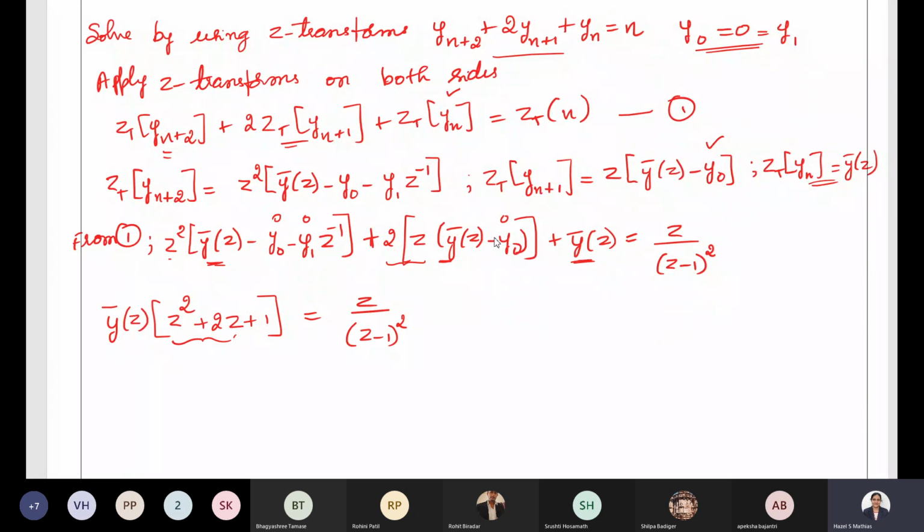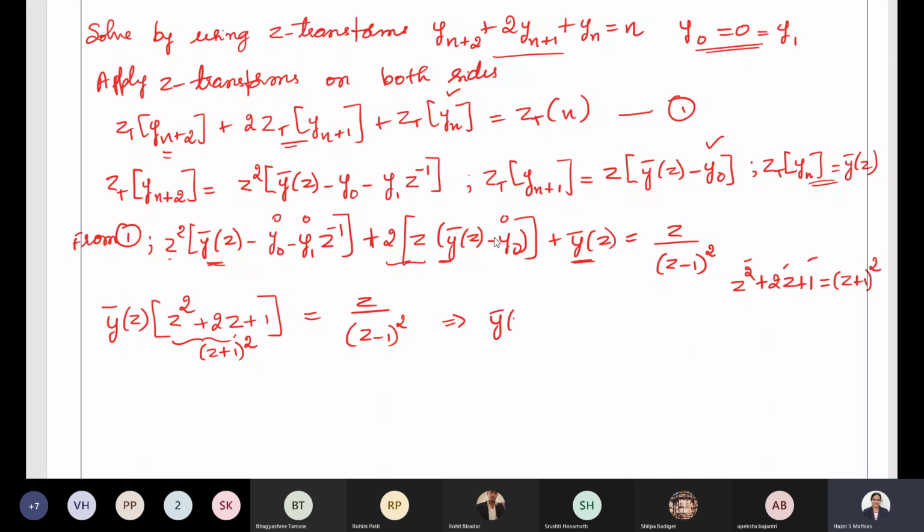Now how can you write z square plus 2z plus 1? It is z plus 1 whole square, ma'am. Yes, z plus 1 whole square, since (a plus b) whole square is a square plus b square plus 2ab. So here it is z plus 1 the whole square.